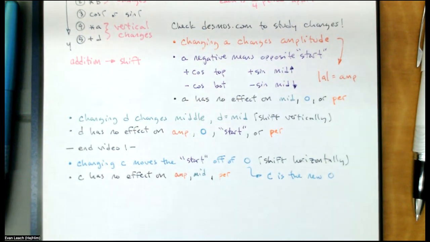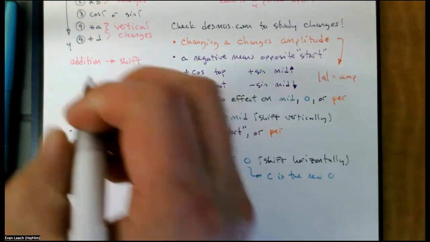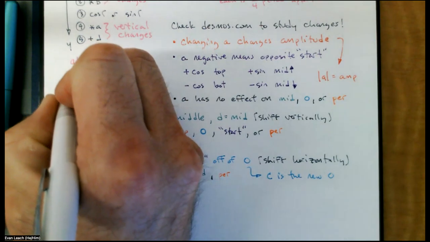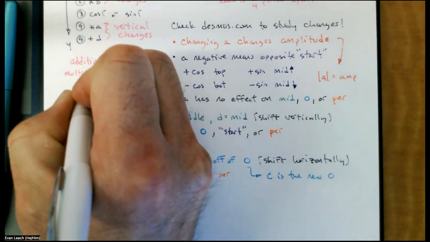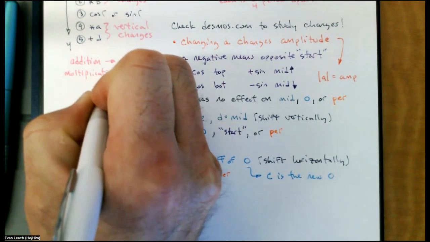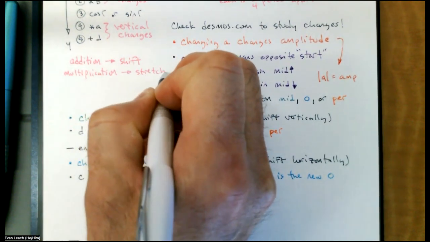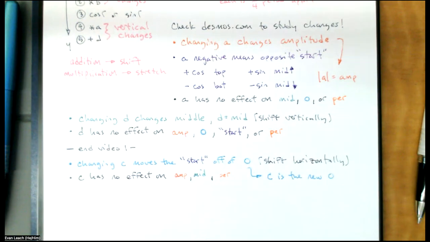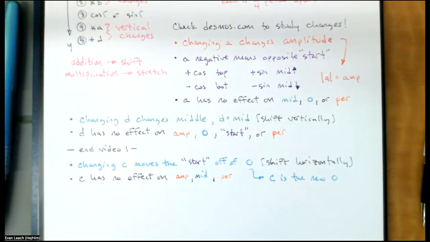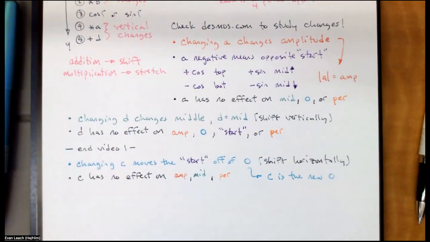Addition after is vertical shift. The word we'll use to describe what multiplication does is stretch. When we change the amplitude, it's like we're stretching the graph.